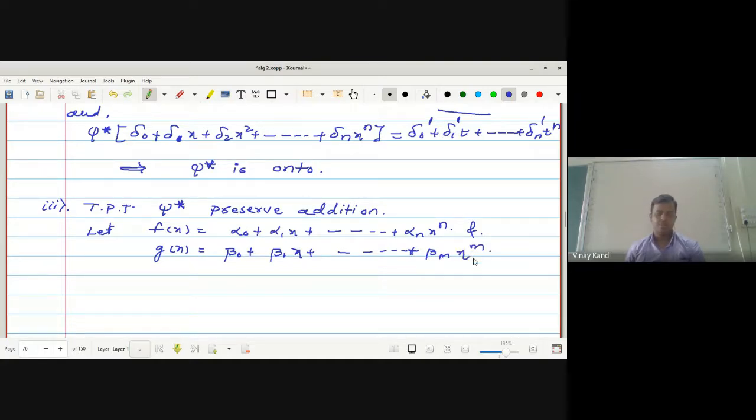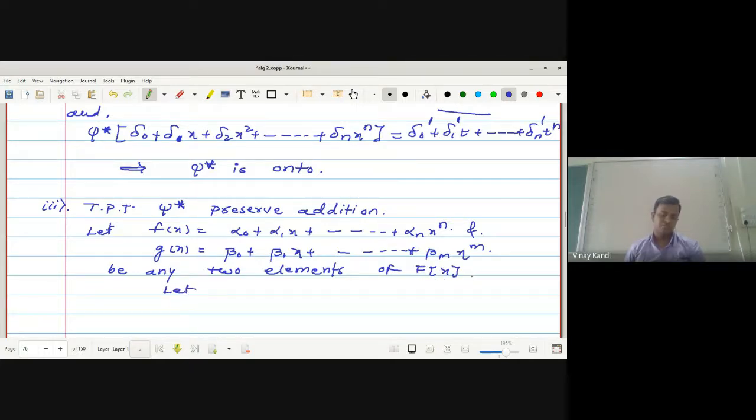Let f of x and g of x be any two elements of the domain of capital F of x.